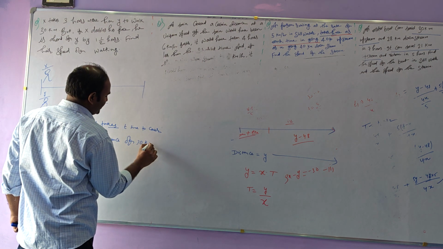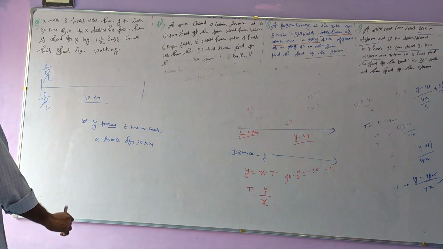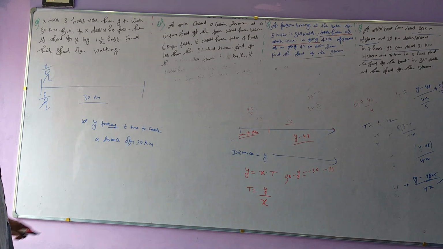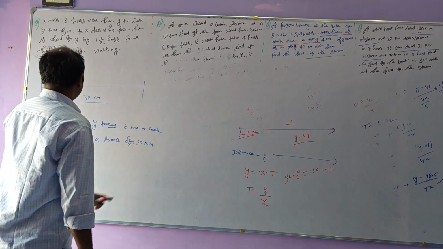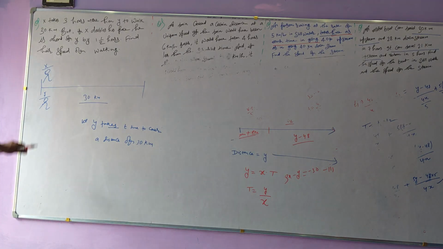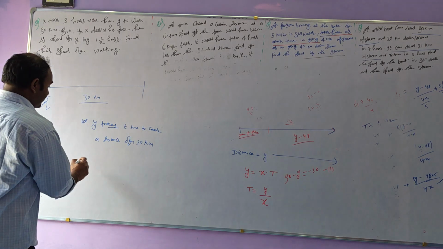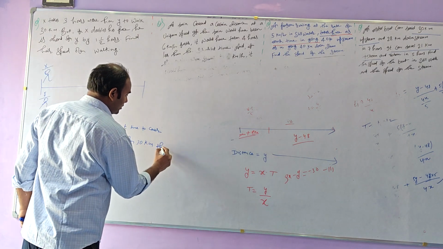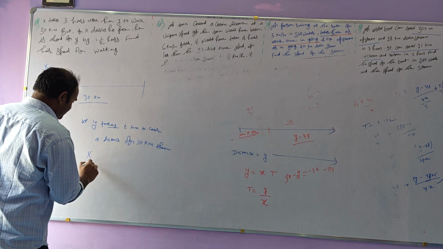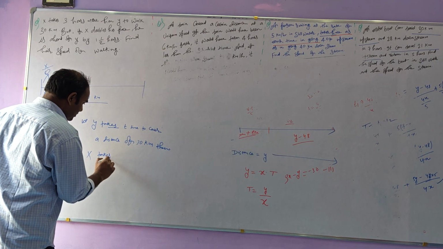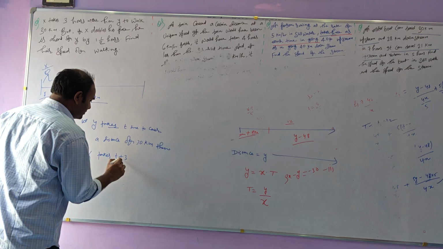Y takes T time to cover a distance of 30 kilometers. Then X takes T plus 3 hours.